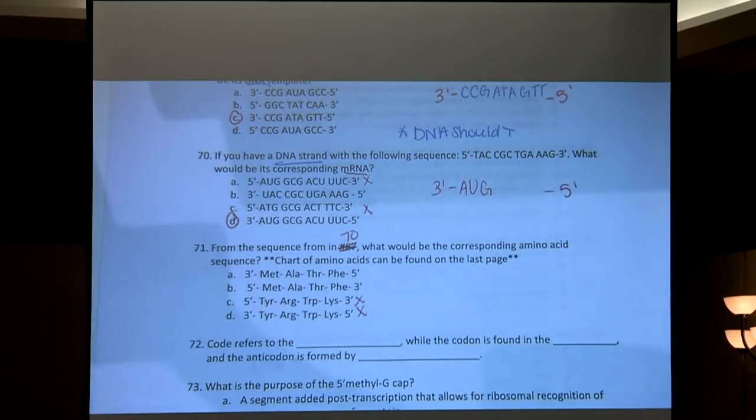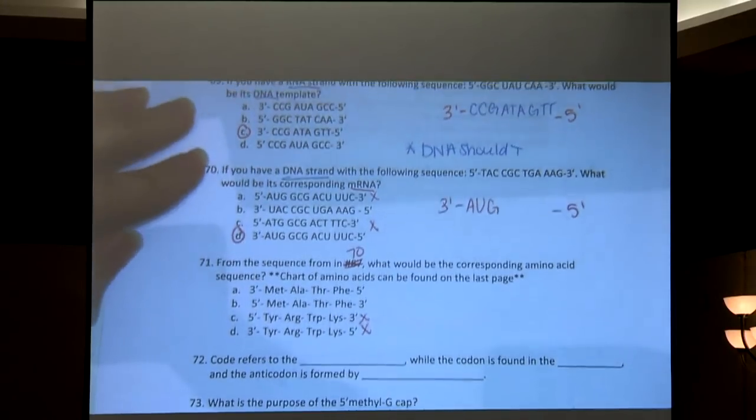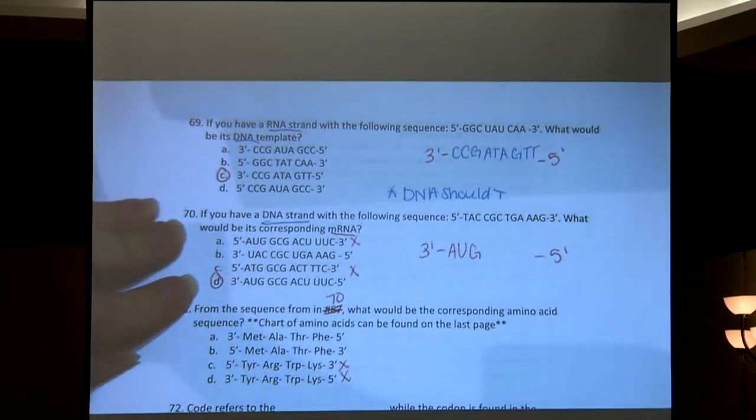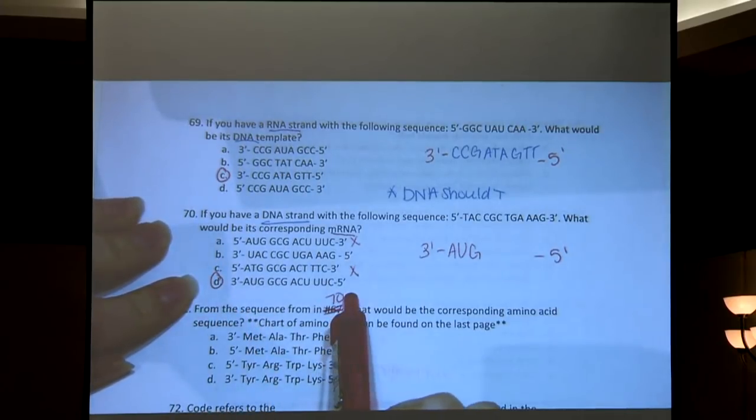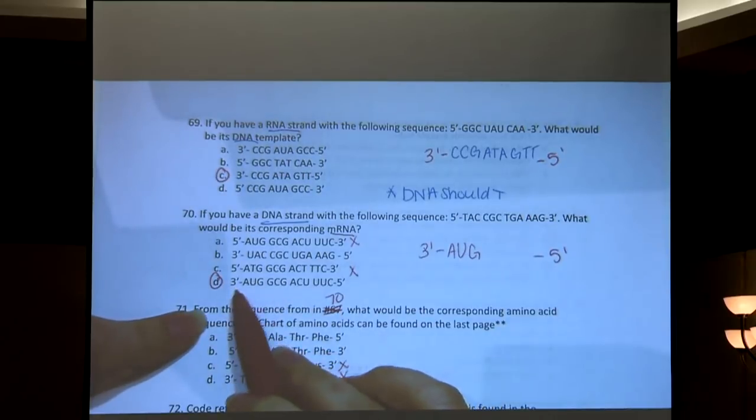And the last question is, should we be in 3' to 5' or 5' to 3'? What do we think? In this case, we're still going to use the same sequence aspect from our last one, so we should still be in 3' to 5' when we get our amino acids out.